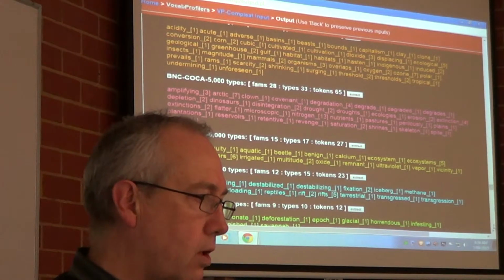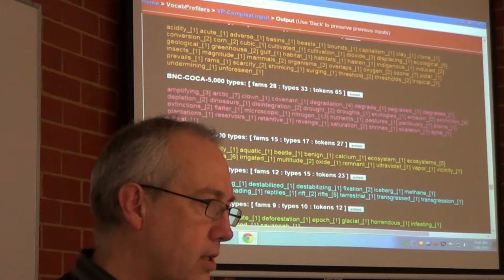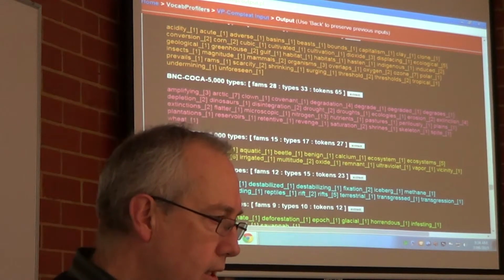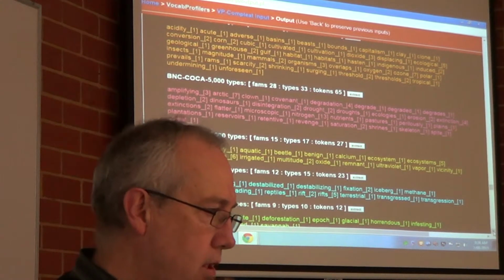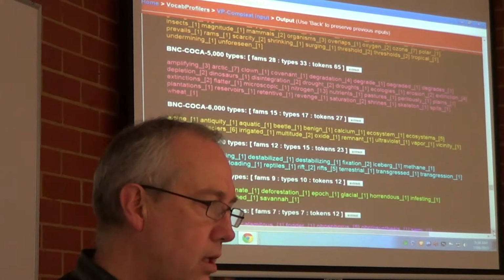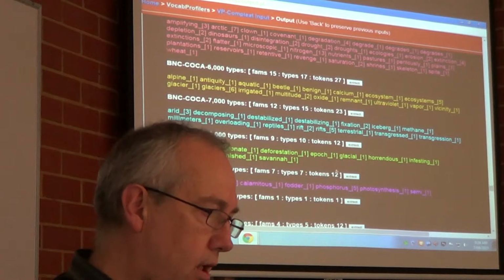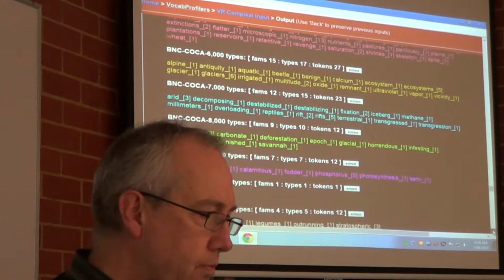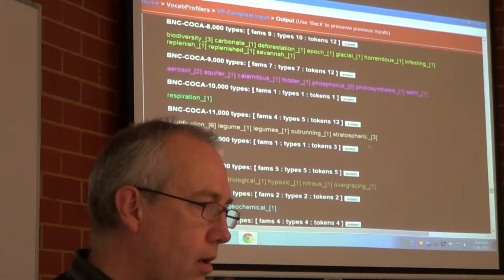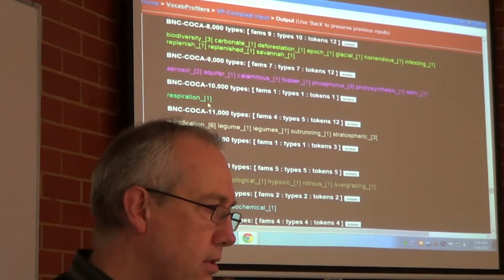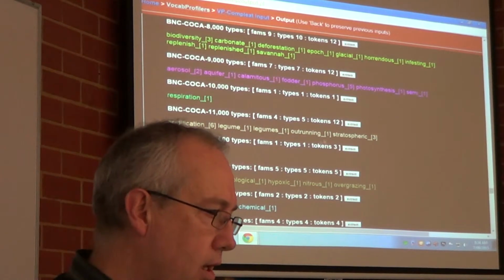Now, I think what's interesting is when you get past your first few bands, this is the interesting territory. You can see a decline. Even at 9,000, there's only one there. 1, 2, 3, 4, 5 there, 1.